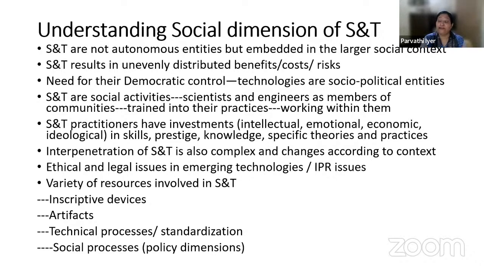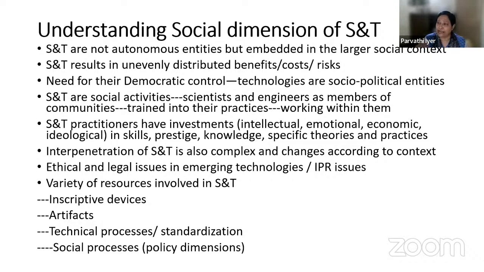Sometimes you may be interested in doing research in a particular area, but funding sources are limited, whereas the mandate is that you should engage in research in a different area. These are a few examples of why you can't really look at science and technology as autonomous entities, but have to understand how they are embedded in the larger social context.